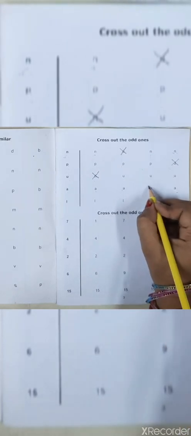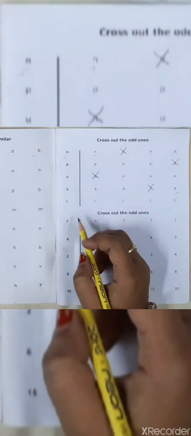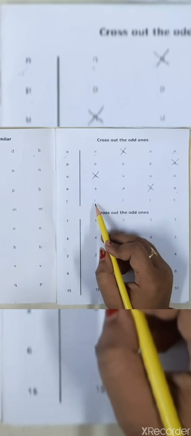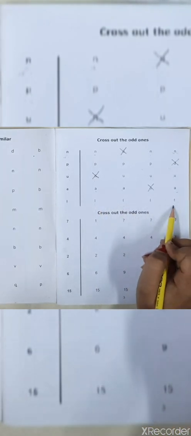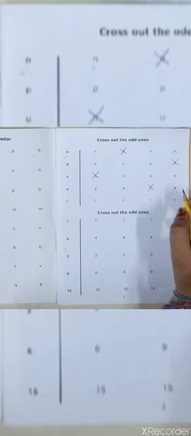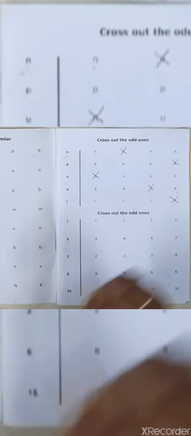Yes, O is odd. Very good, children. Now, the last one is L, L, L, L, T. Tell me which one is odd. Yes, very good. T is odd. So we have crossed T.